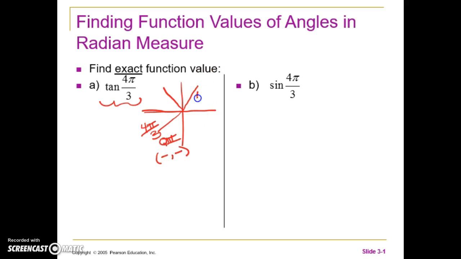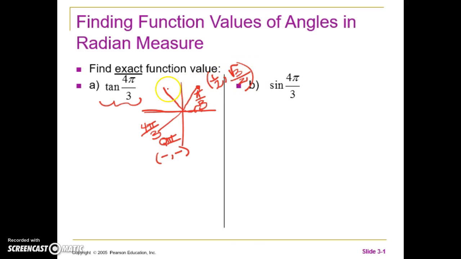I also know that a good reference angle to use would be what's happening on the unit circle at pi over 3. And again, that's going to be where my x coordinate is smaller than my y coordinate. So I know those exact values look like that.